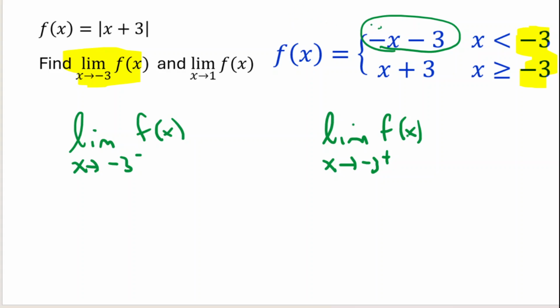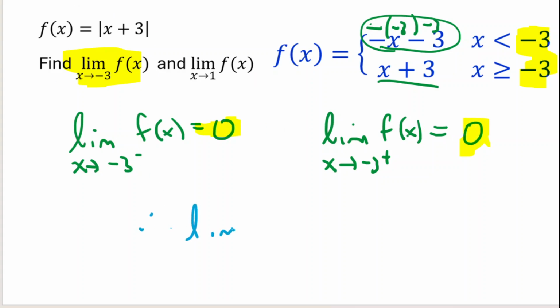So I would have -3 minus 3, that's 0. And on the right, again, I have a straightforward linear polynomial function, so -3 plus 3, that would approach 0. Again, the left and the right both agree, which means that the limit as x approaches -3 of the function exists, and it's equal to 0.